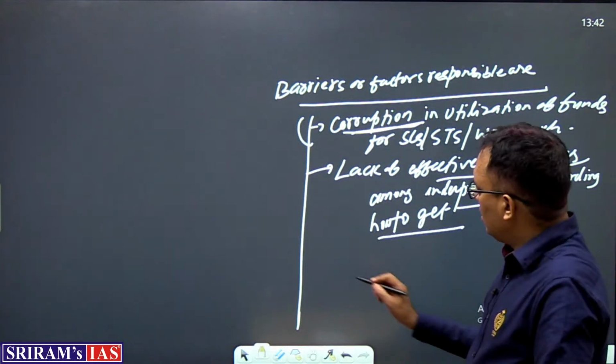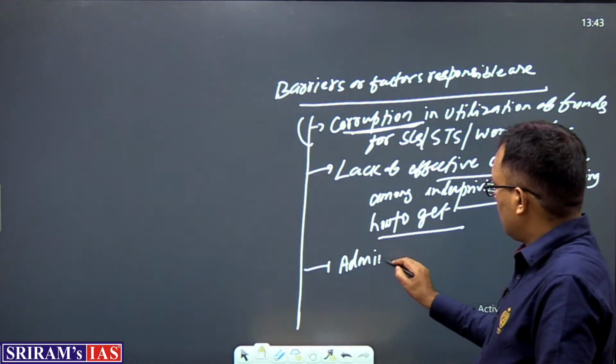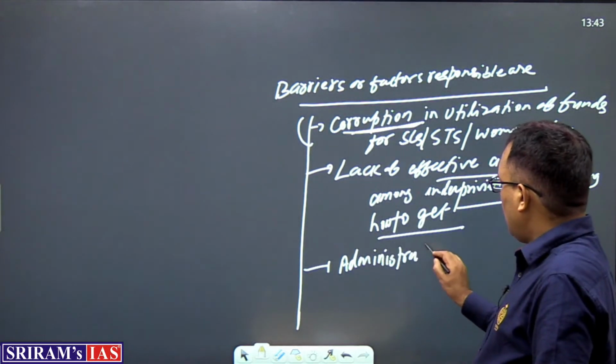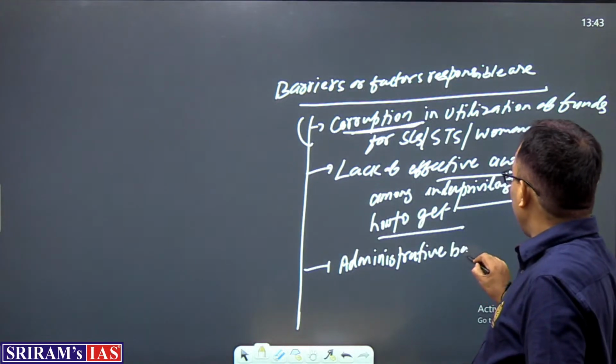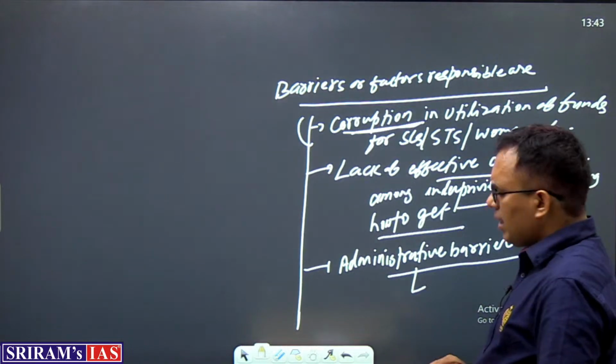Third, consider administrative barriers. Many kinds of barriers are there. One of them we can say is administrative barrier.